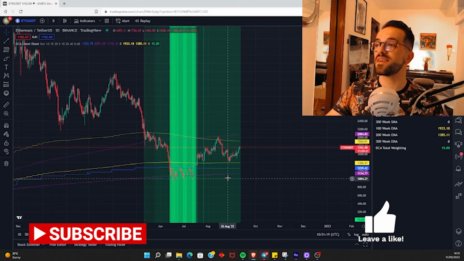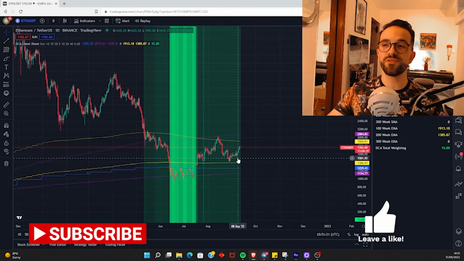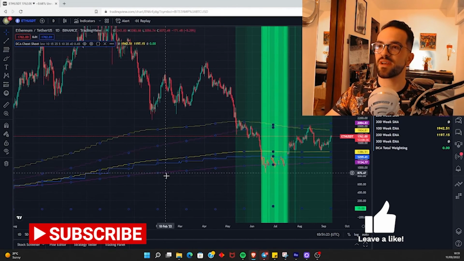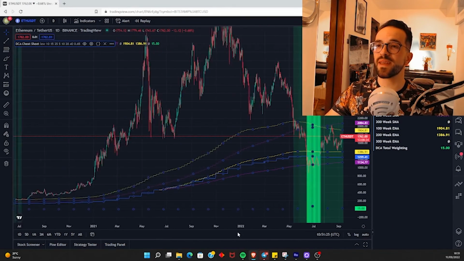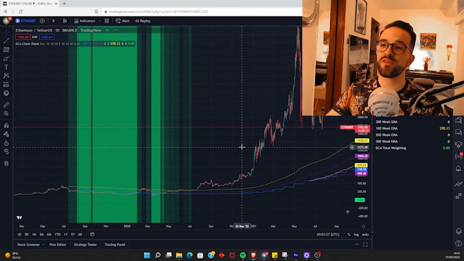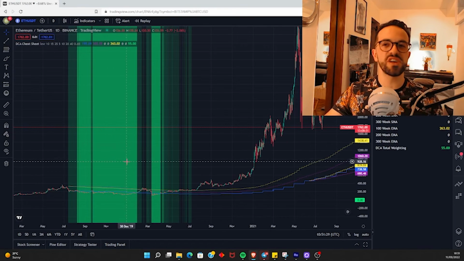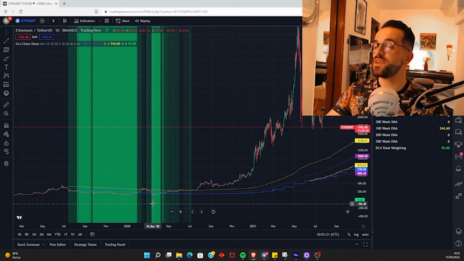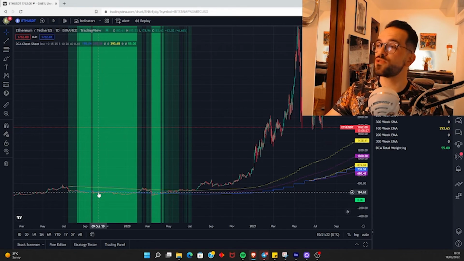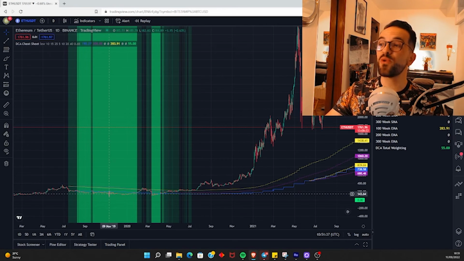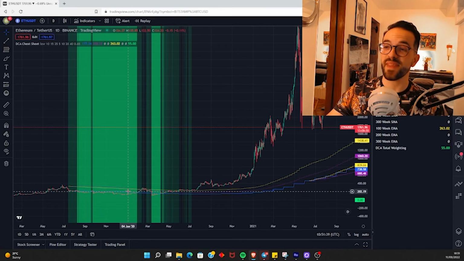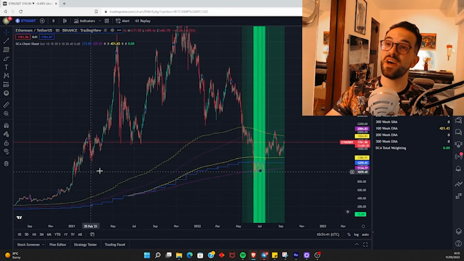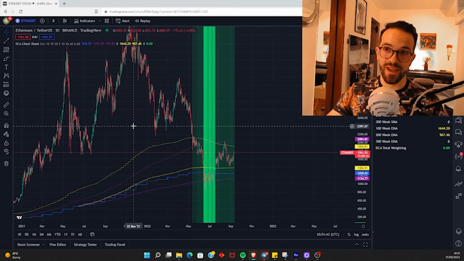And now that it is 1,700, you should continue to do some dollar cost averaging. This is a very cool indicator to give you a kind of visualization of when you should be buying. This indicator also told you to do aggressive dollar cost averaging when Ethereum was around $200 here. And if you had done this, I guess you'd be doing very well at the moment.